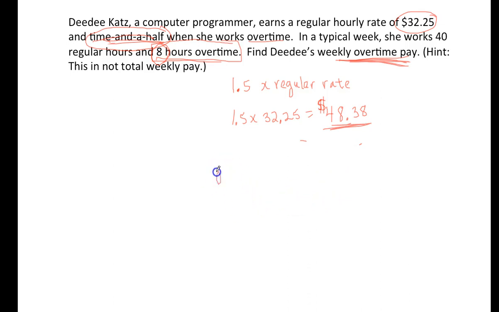So we're going to take her overtime rate times the number of overtime hours, and that gives us $48.38 times 8 hours, and I get $387.04.